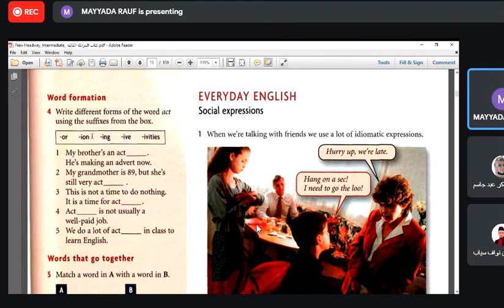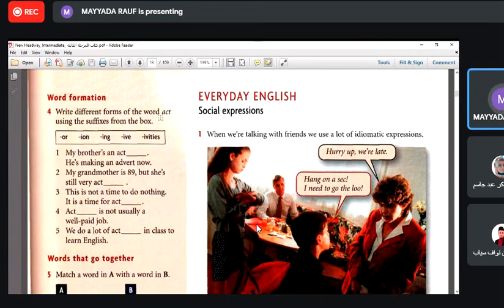Suffix means the morpheme that comes at the end of the word and changes the part of speech.